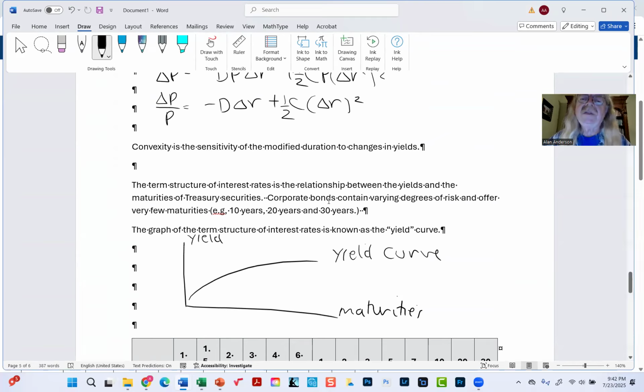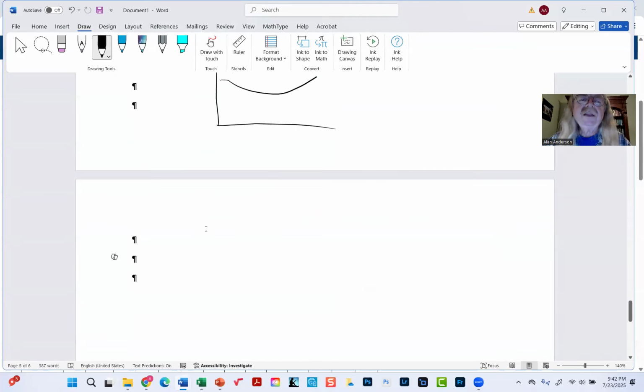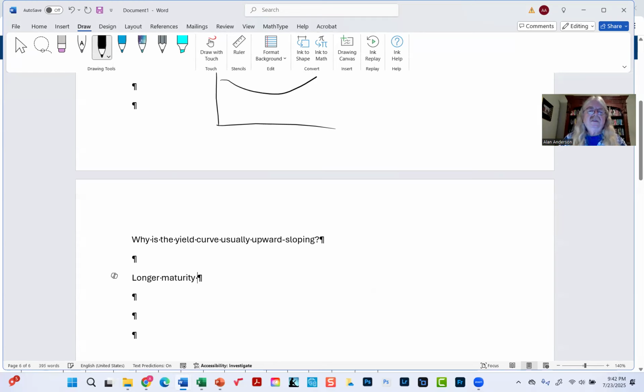Why is that, by the way? Well, the reasoning behind that is the simple reason that longer maturity bonds have higher durations, which means that their prices are more sensitive to interest rate fluctuations.